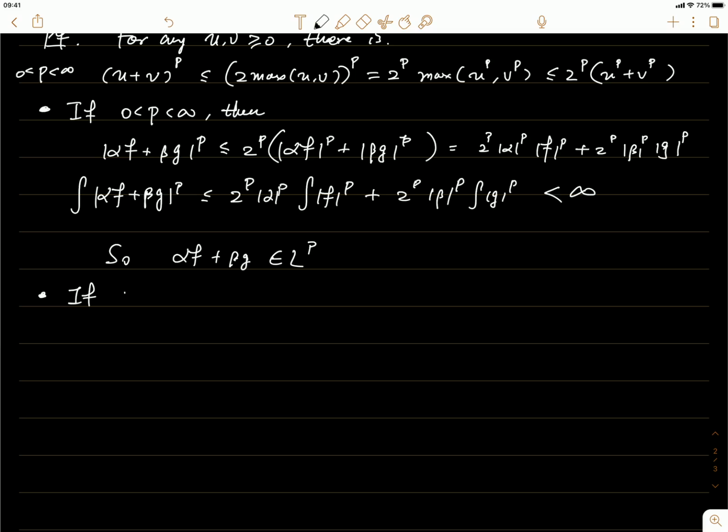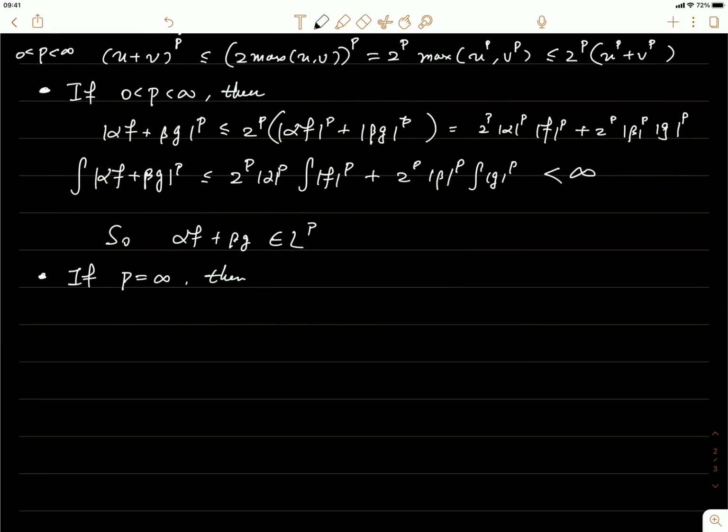If p is infinite, then it will be even easier, because if this is the case, then we can see that the absolute value of alpha f plus beta g is less than or equal to alpha times the absolute value of f plus beta times the absolute value of g, for every point x.